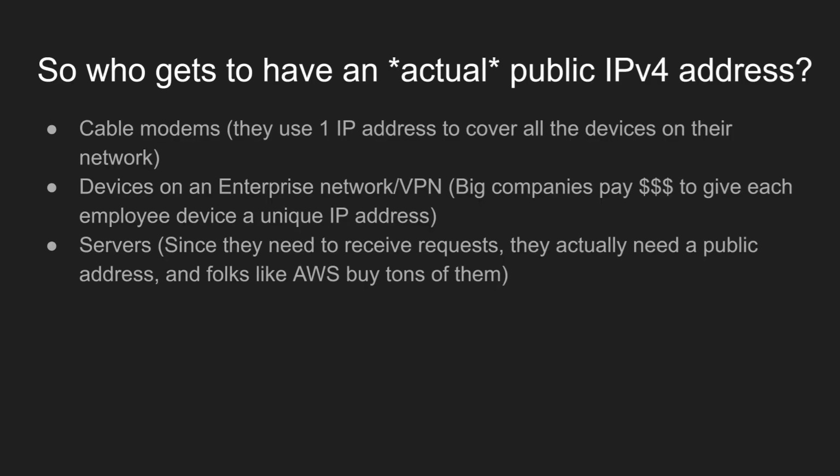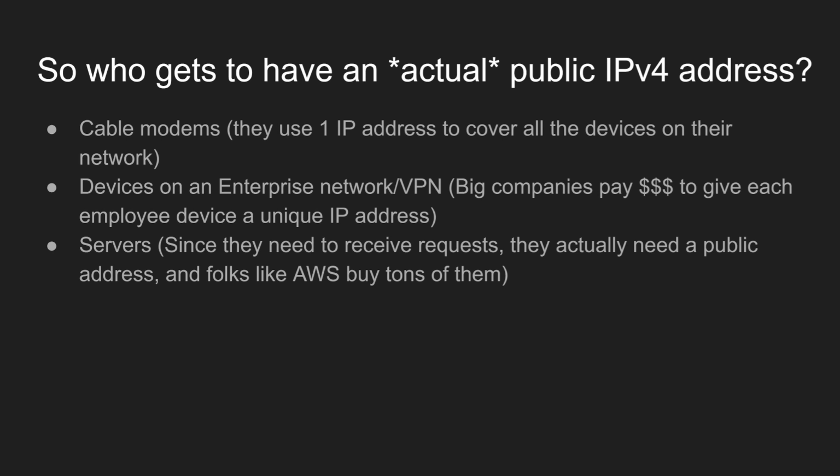So there are some people who do get actual public IPv4 addresses. As I mentioned before, cable modems or other modems, things that are between your house or your office and the internet, will use one IP address as I described and try and stretch it over all the devices on the network. Now, some people who have money will buy IP addresses because you can do that.